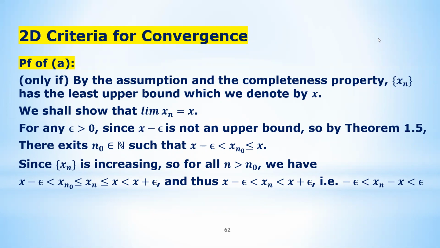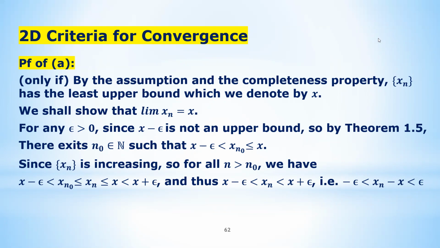This is a complicated inequality with four inequalities involved, but we only concentrate on the left, middle, and right side. If we throw away the unimportant terms, this will imply that x minus epsilon is less than xn, and less than x plus epsilon.